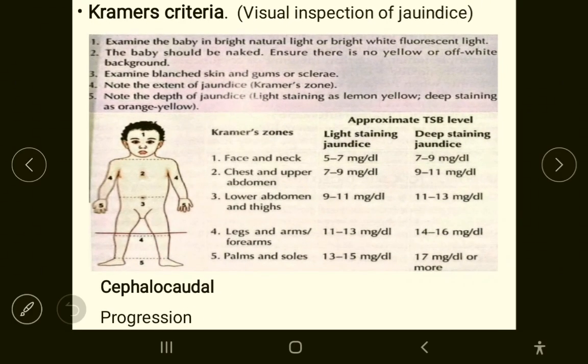Jaundice usually becomes apparent in a cephalocaudal progression, starting on the face and progressing to the abdomen and then to the feet as serum level increases.